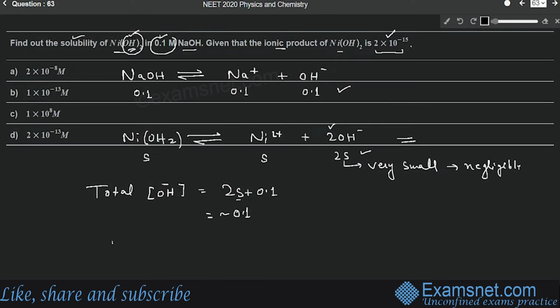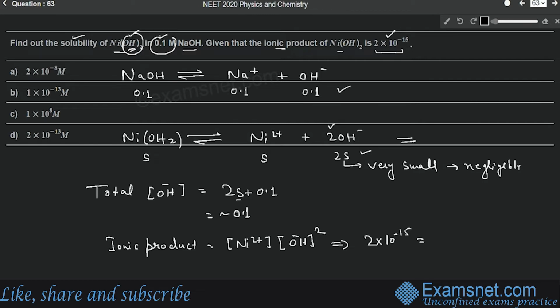Now we know the formula for ionic product. Ionic product is equal to the product of concentration of ions. So the concentration of Ni2+ into the concentration of OH- raised to the power 2, keeping in mind the stoichiometry. The ionic product is given as 2 into 10 to the power minus 15.